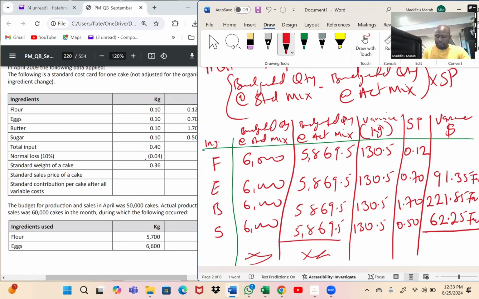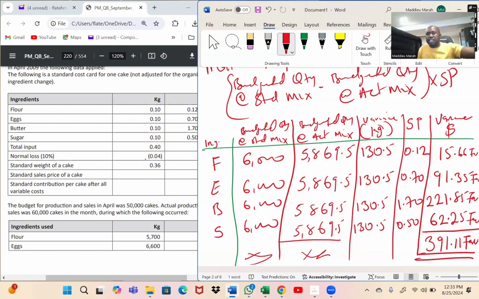And 130.5 multiplied by 0.12 gives me 15.66 favorable. So my total yield variance now would be 391.11 favorable. This is my yield variance.